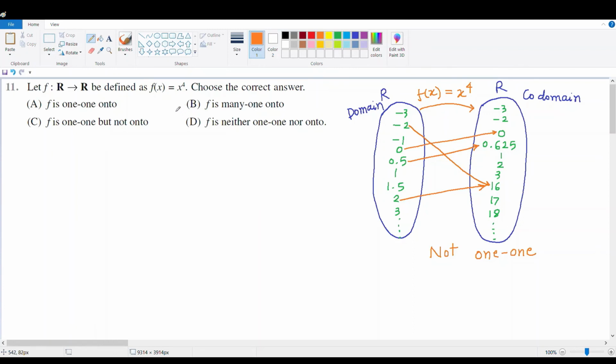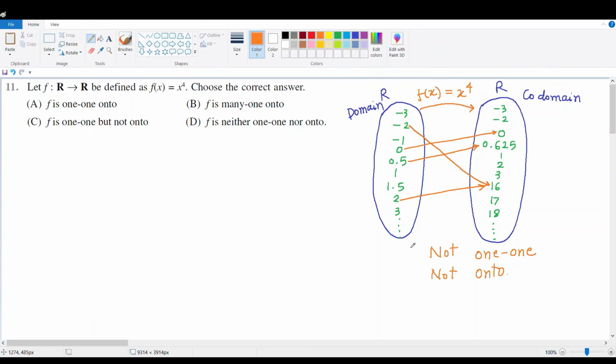If it is, let's say, negative 5 to the 4th power, you are multiplying negative 5 times negative 5, going to be positive, then again times negative 5, negative, and then again negative 5, so it's going to end up being a positive number. So these negative numbers are not connected to any pre-image in this domain, so it is not onto either. So this function is not 1-1, and this function is not onto.